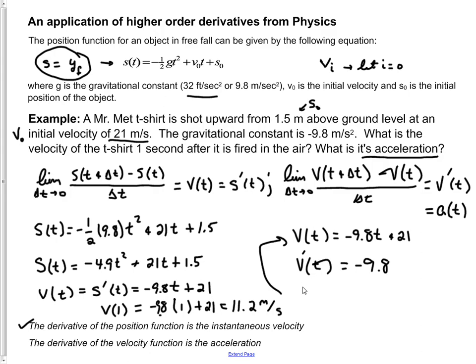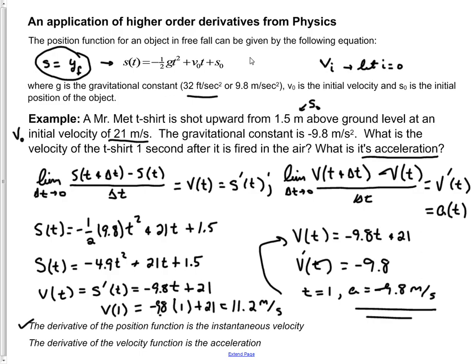And so at t equals 1 second, our acceleration is, as we would expect, a constant negative 9.8. If it's in free fall, that's a constant acceleration. So that's exactly what we would expect to happen.